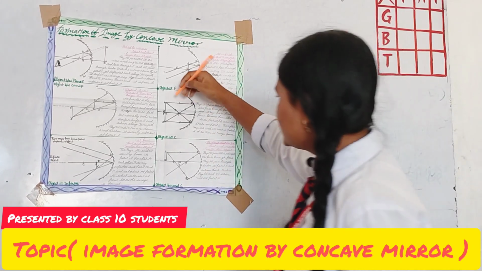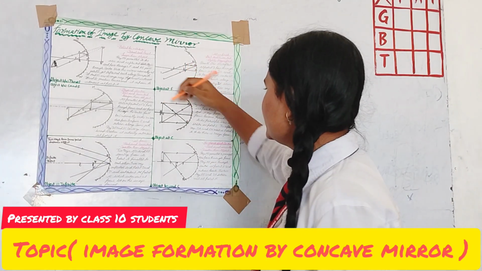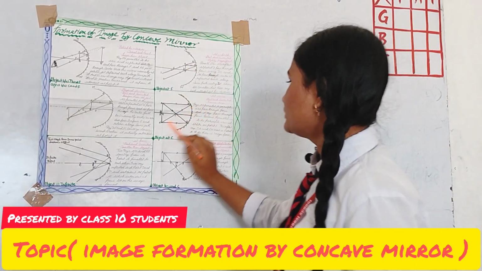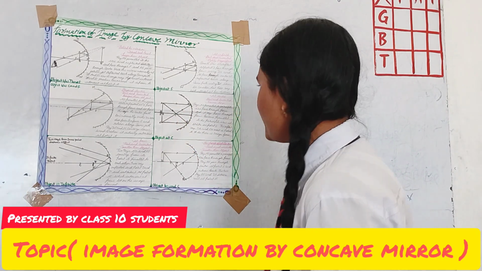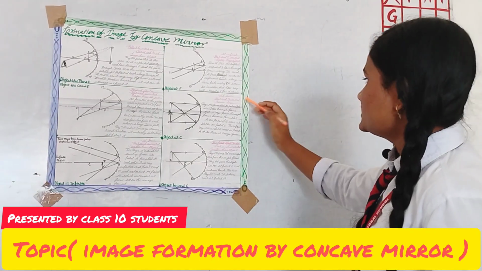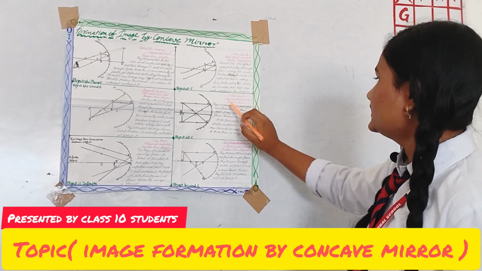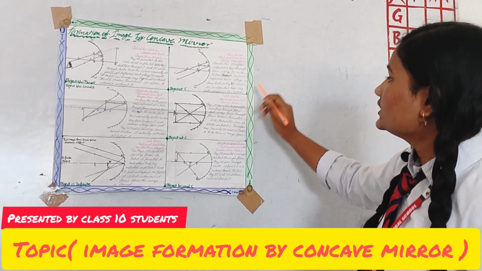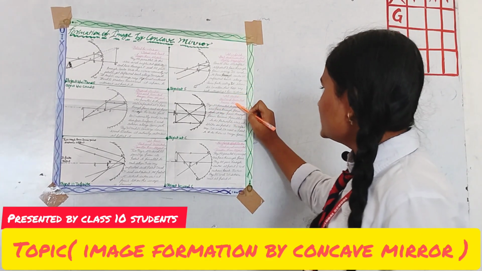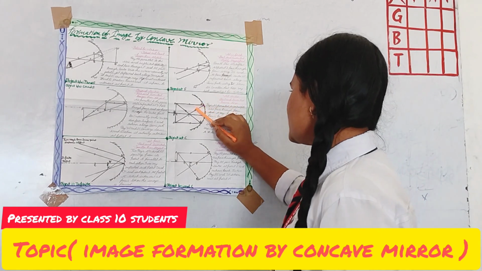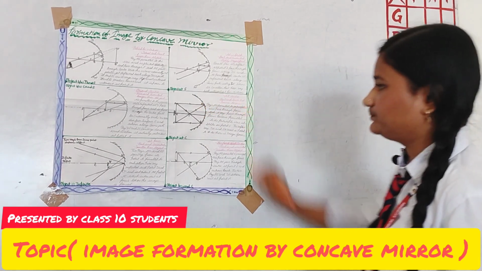We can see that these two rays, AE and AD, meet at the point A dash where the image is formed. The image is formed at the center of curvature and it is real and inverted, and the image size and object size are the same.